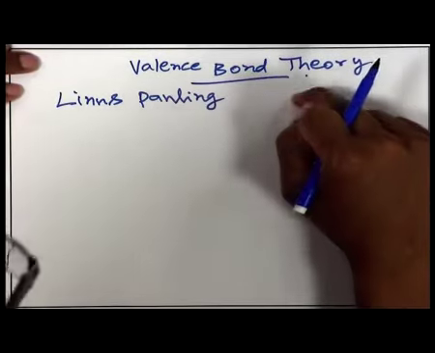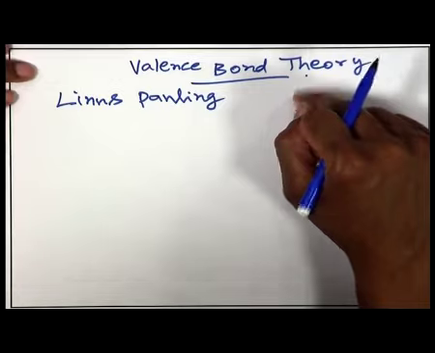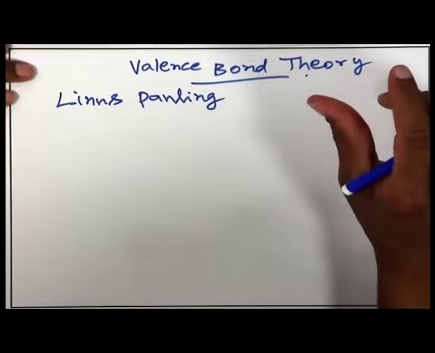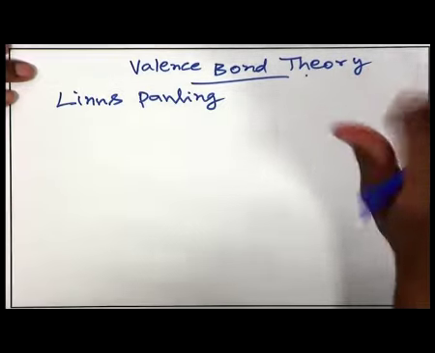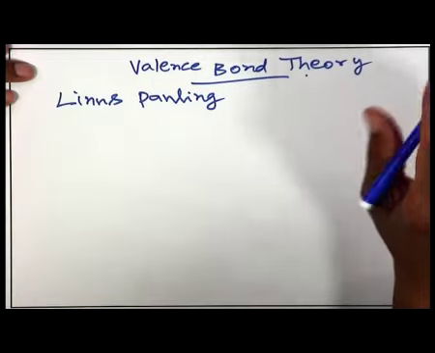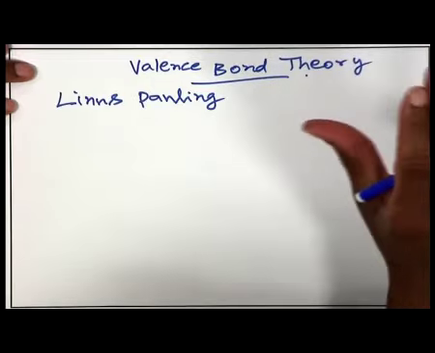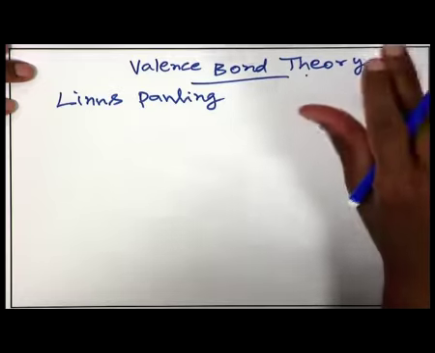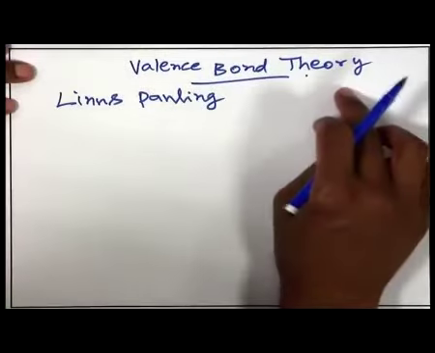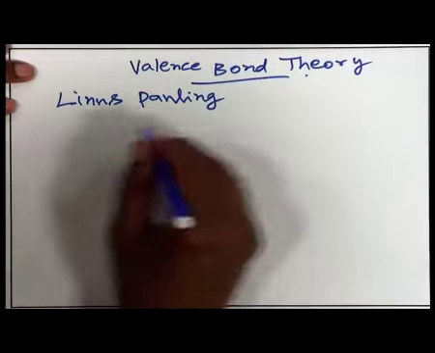This theory basically requires overlap of the orbitals. You have studied that each atom has orbitals containing some electrons. The basic idea behind valence bond theory is the sharing of electrons.